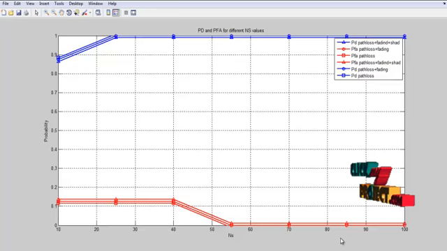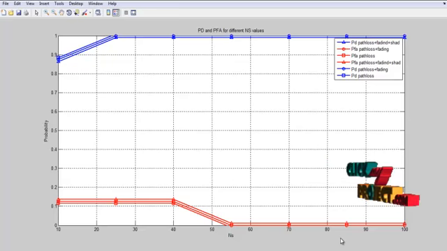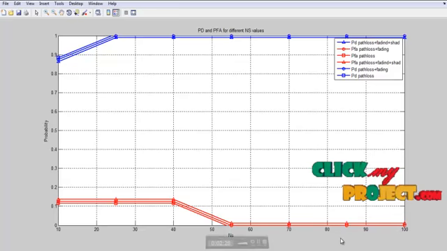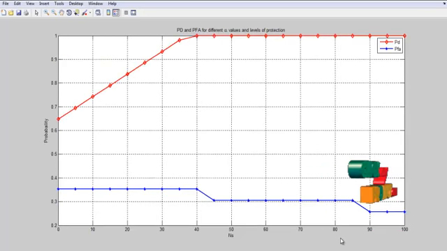The values are plotted between PD values and PF values for the path loss, fading and window shading. From the graph, it is inferred that the probability of detection increases and reaches 1 as the number of samples increases, and the probability of false alarm goes down to 0 as the number of samples increases.